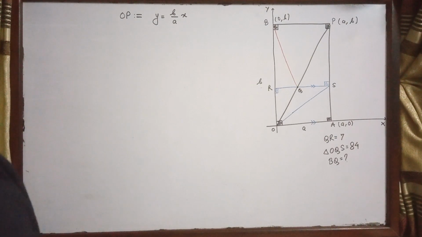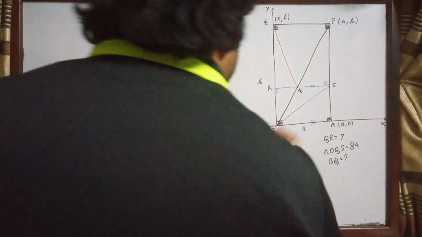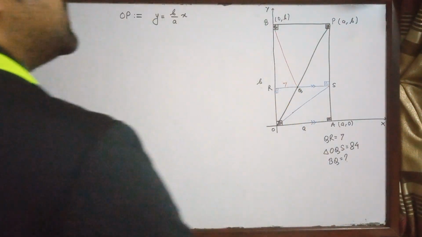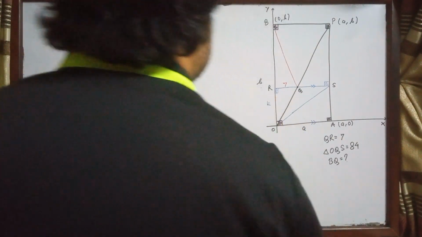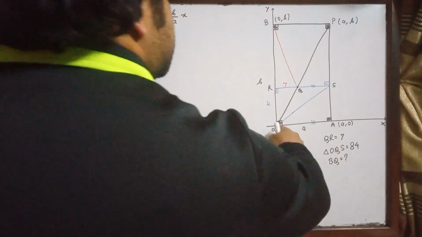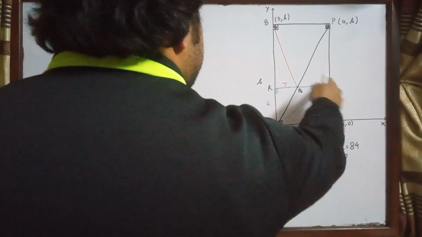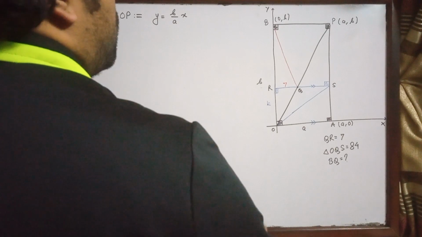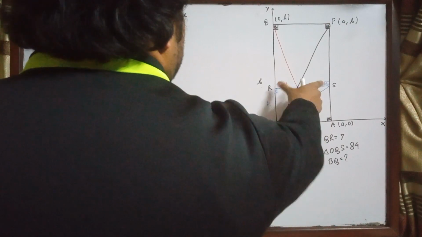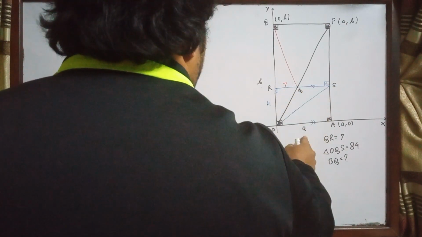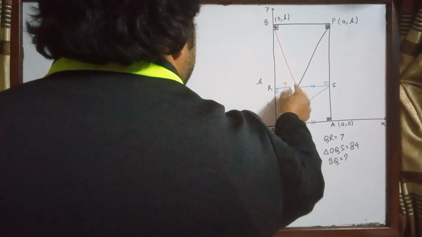Then what else can we do? We know that this length is 7. Let us suppose that this length is K. Then, since ORSA is a rectangle, OA is equal to RS, and therefore RS is equal to A. But RQ itself is 7, so this length is A minus 7.